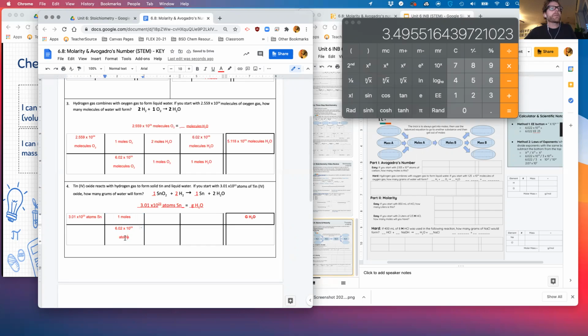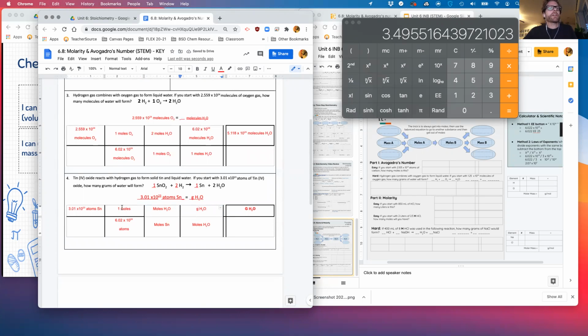Atoms cancels out with atoms. I'm still left with SnO on the top, and that is fine. So now I have moles of SnO, and I want to know how many moles of H2O that is. Cool. And once I have moles of water, I can get into grams of water.